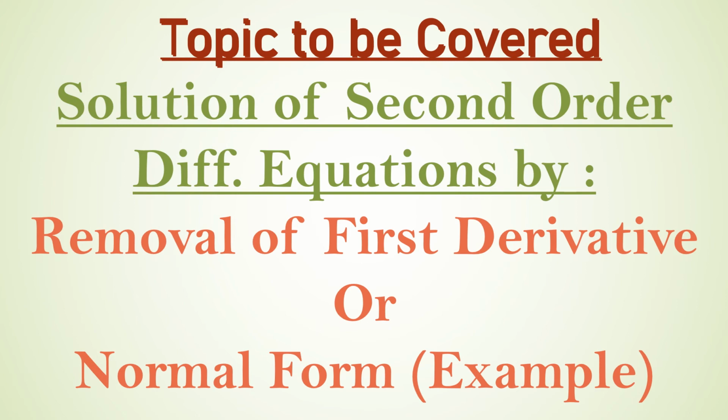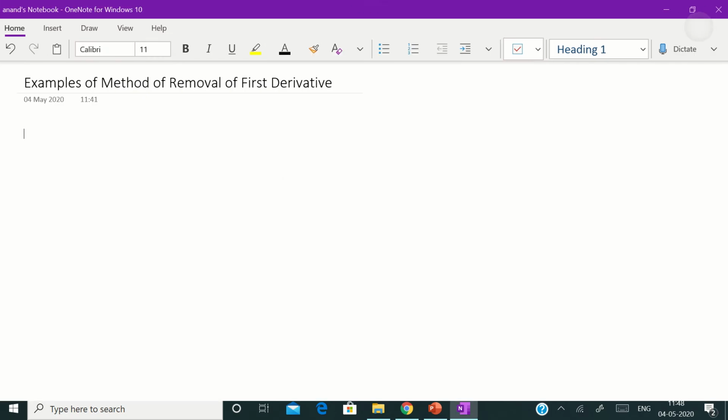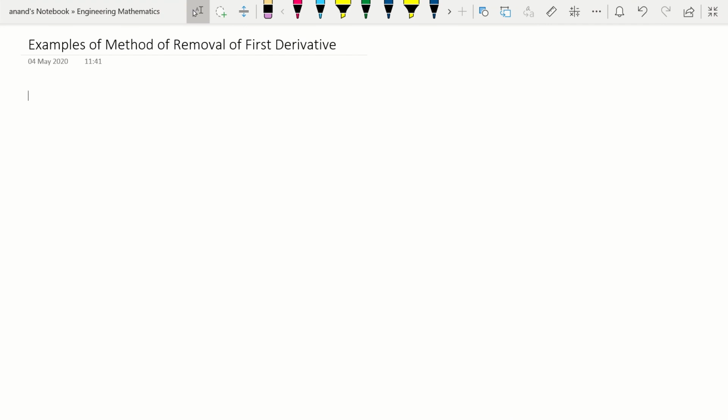So let us see the example of how to solve problems by using the removal of first derivative method, or by conversion of second order differential equations with variable coefficients into normal form. Let us say we have to solve a differential equation.